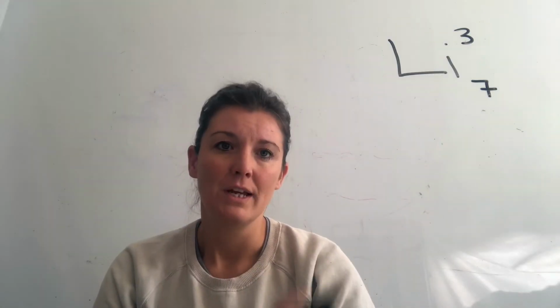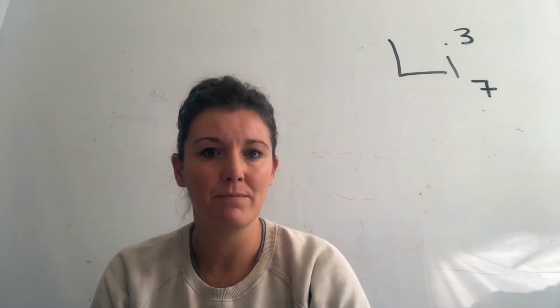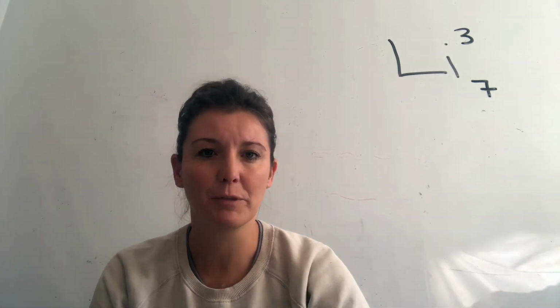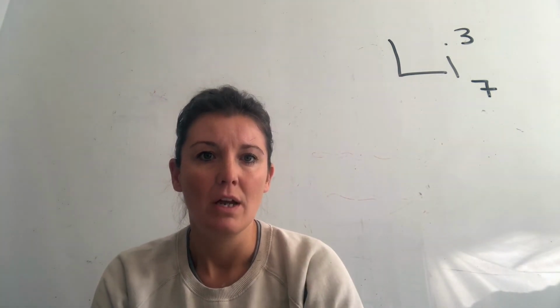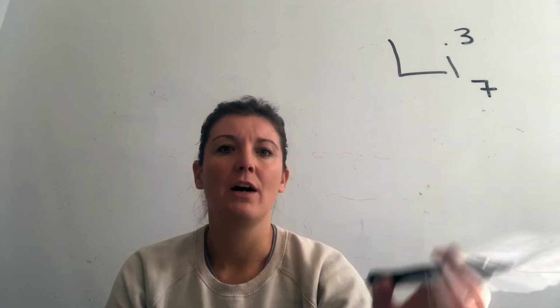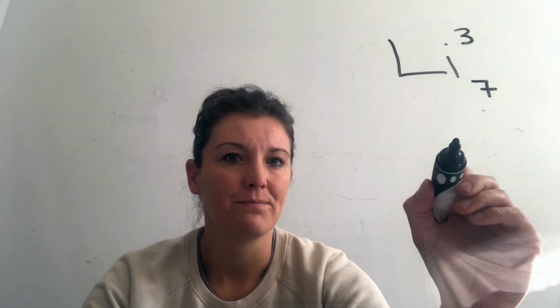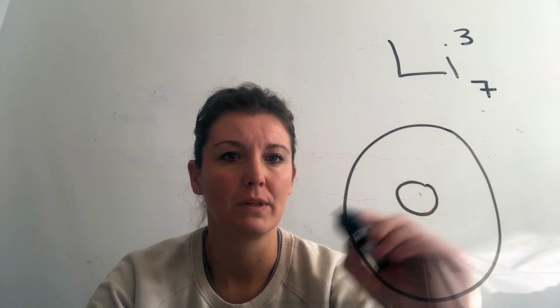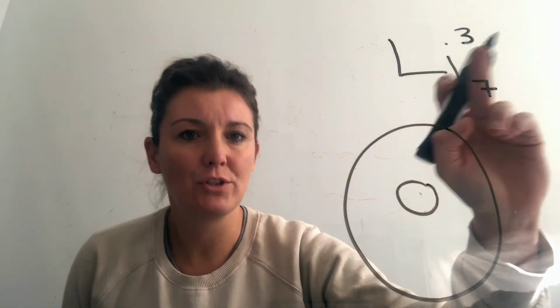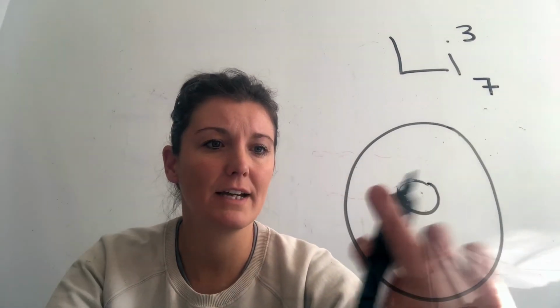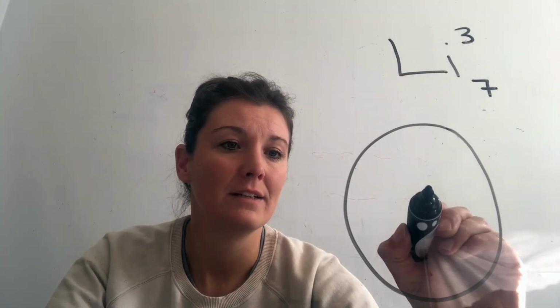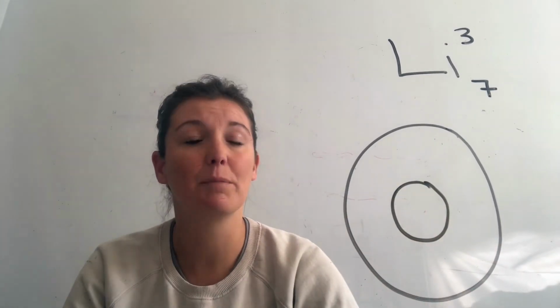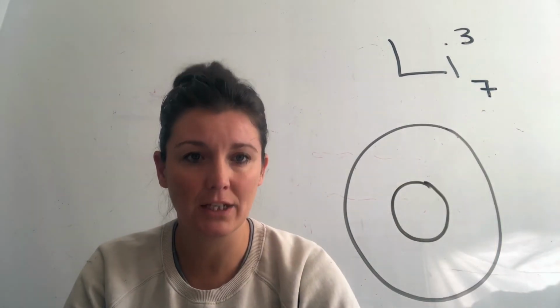Another example is if we have a lithium atom from the periodic table, and we need to find out what the atom looks like. We look at those numbers. The number on the top tells us how many pluses and minuses there are, how many protons and how many electrons.